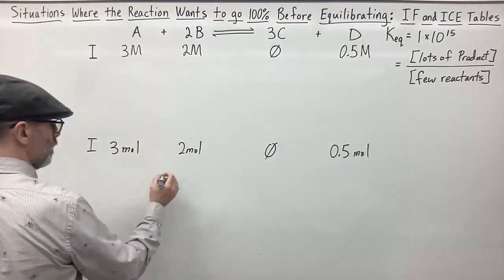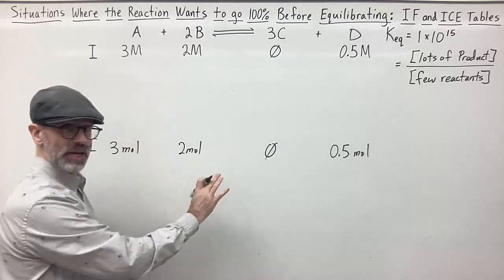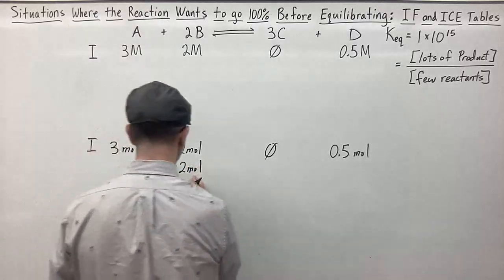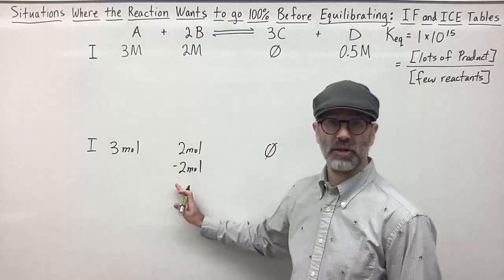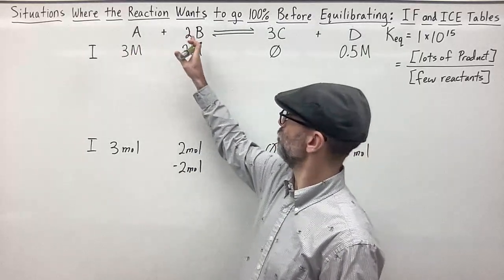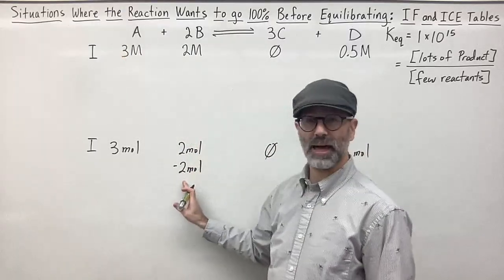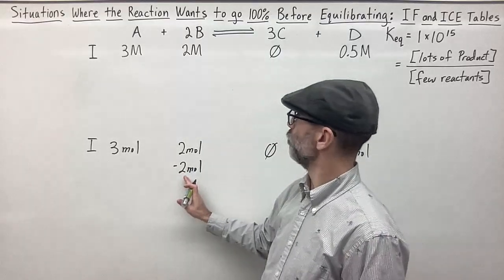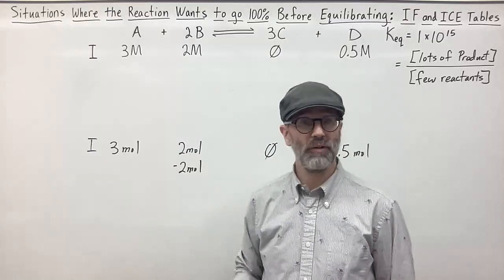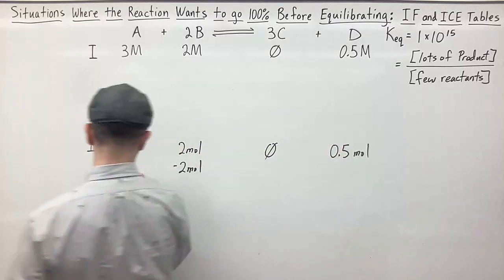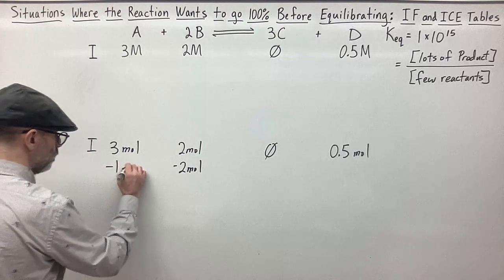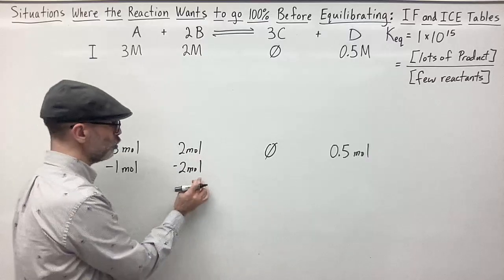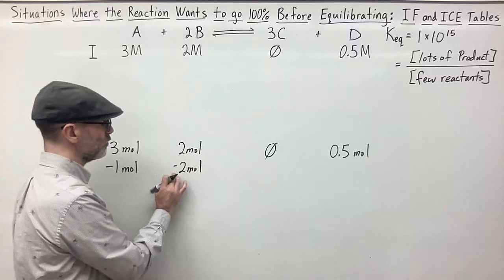So I do my subtraction, my stoichiometry. I'm going to lose 2 moles of B. Using the stoichiometry of 2 to 1, I'm going to lose half that amount of A. Losing 2 moles of B means I'm going to lose 1 mole of A. Again, I'm going to lose 2 moles of this.